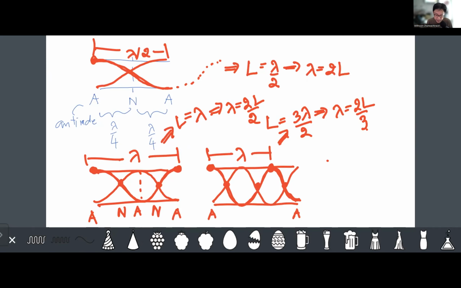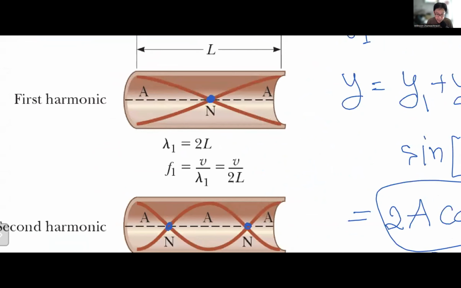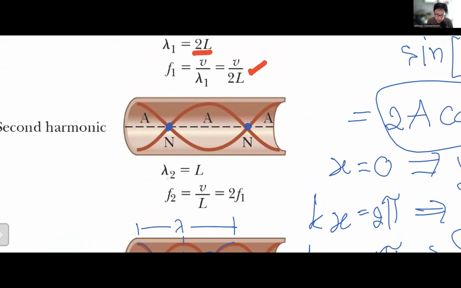And that, go back to this slide. I hope you see how to read this one now. See, the case on the upper one, you say lambda is twice the length of the tube. So the frequency is just V over lambda, and then you can figure out what should be the frequency you fit in the first case. Second one here, I know that now the wavelength is just the length of the tube.